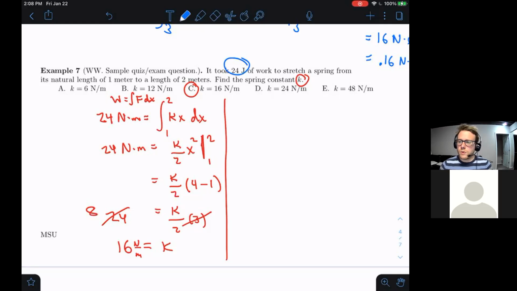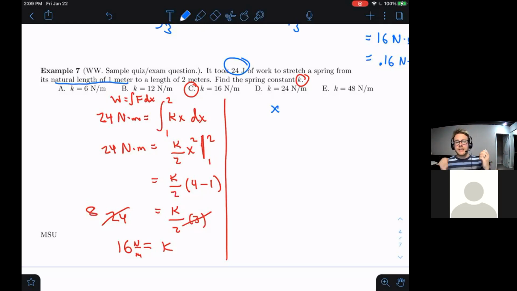Four minus 1 is fine. Yeah, so a few people are getting it here. This includes some extra information, right? It says that we're stretching the spring from its natural length. Remember, x is not just any old distance. It's distance away from the spring's natural length.